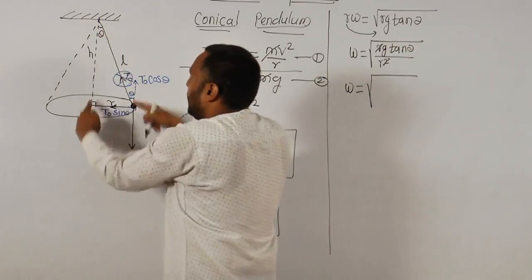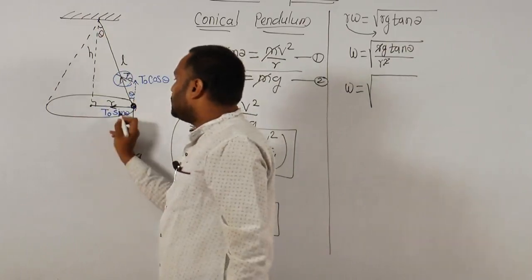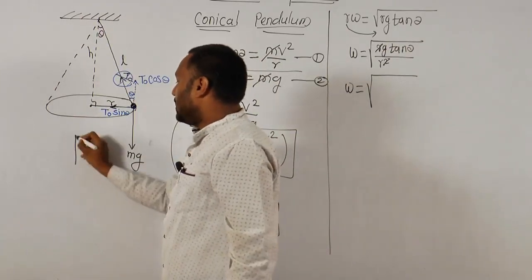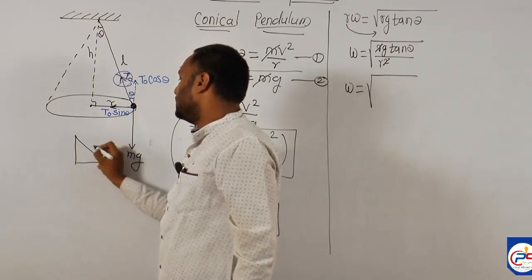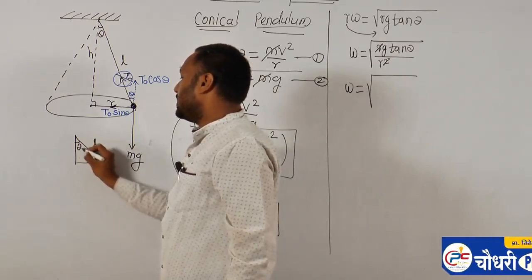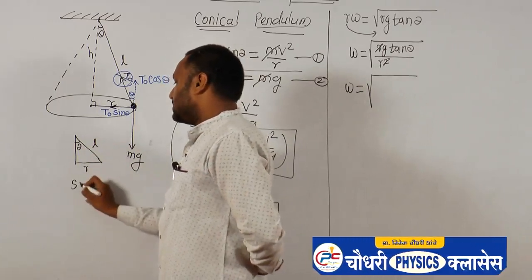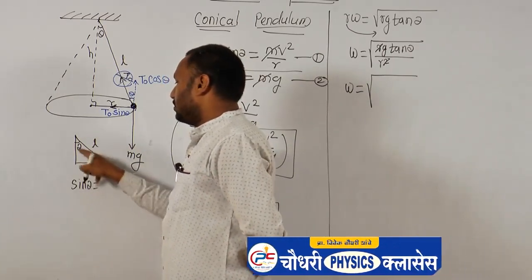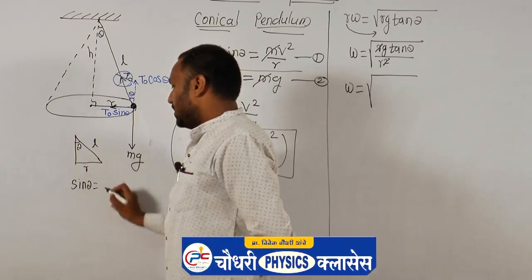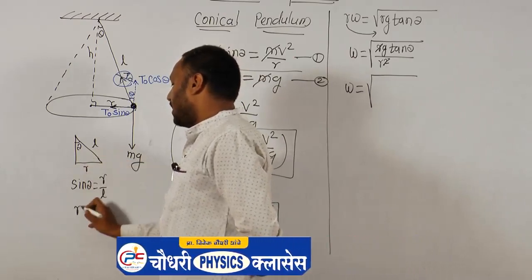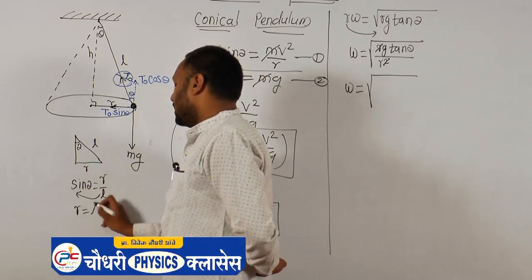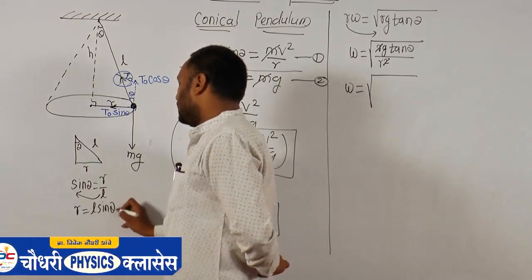If we observe this, then the right angle triangle is like this. This is L, angle theta is there, and this is r. Then what is the value of r? Sin theta is equal to the opposite side divided by the hypotenuse, r upon L. Therefore r is equal to L sin theta.